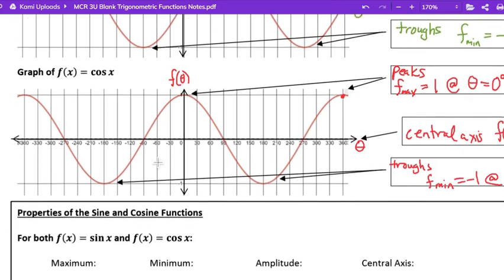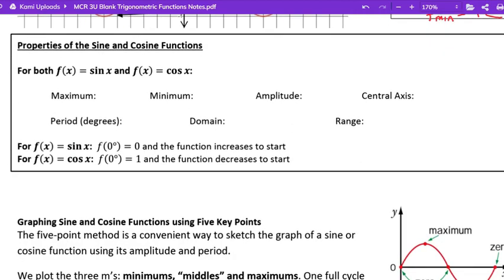So let's look at the properties of these functions. For both f of x equals sine of x or f of x equals cos of x, in this case, they're using the input variable as x. Maximum is always 1. Minimum is always -1. What's the amplitude?